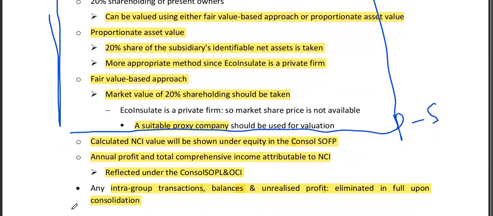And remember, it is possible in the case of Shinyglas and Eco-Insulate, there can be intra-group transactions, buying and selling between the two entities, and those are within the same group.